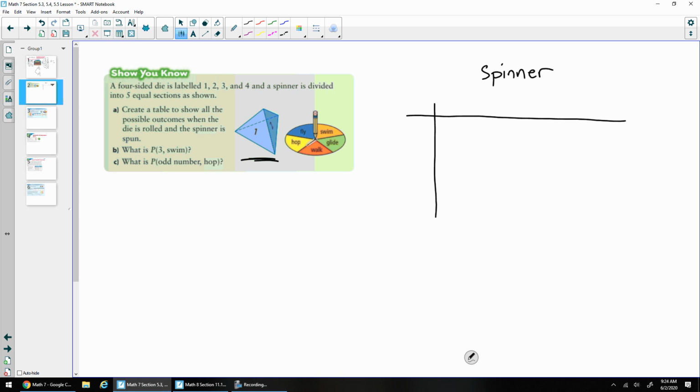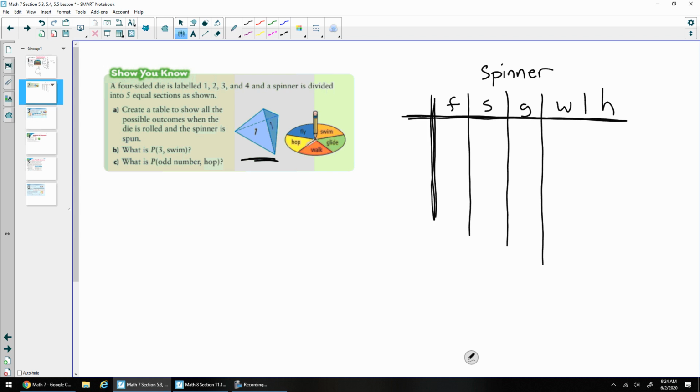And the possible spinner outcomes are fly, swim, glide, walk, and hop. Okay, so we'll just make a thick line here to separate those. Those are all our possible outcomes for the spinner.